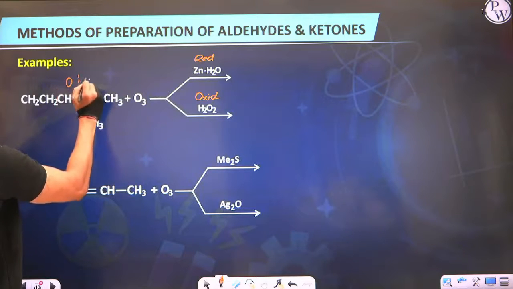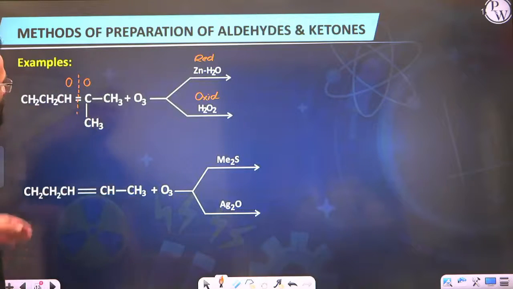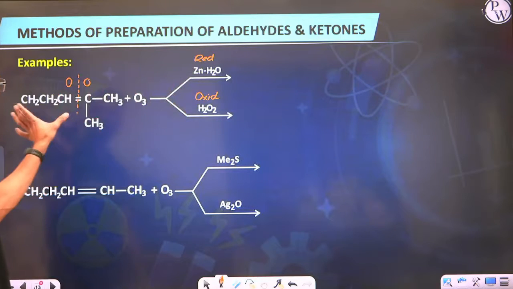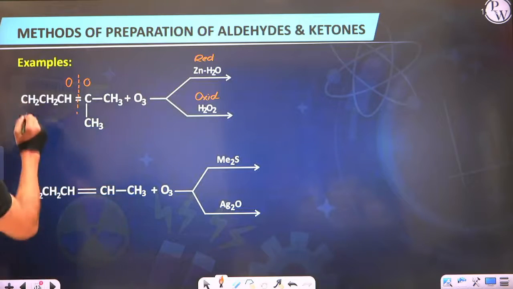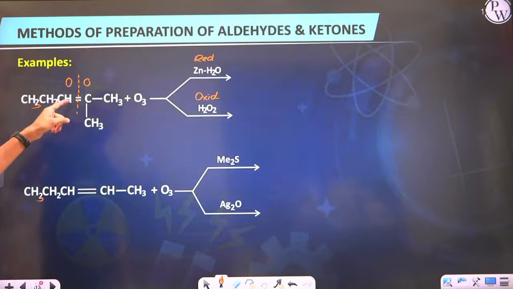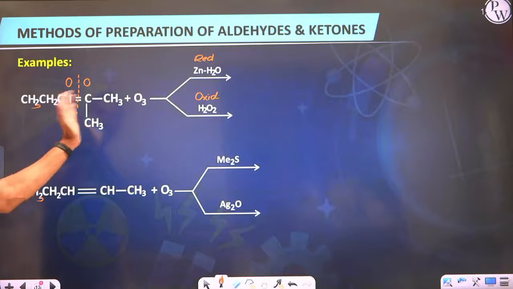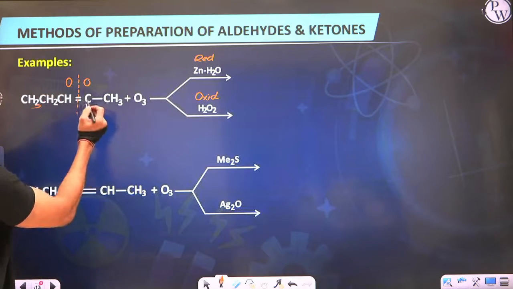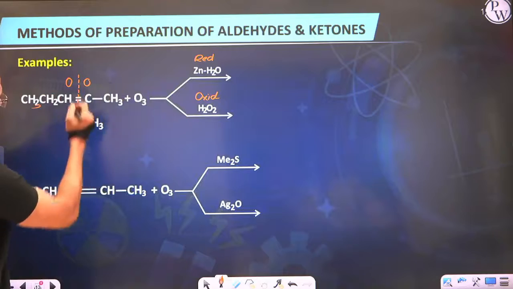Add oxygens on either side. As long as it is reductive, aldehyde will remain aldehyde. So CH3, this should be CH3. This should also be CH3. So CH3, CH2, CH double bond O, propionaldehyde. And right hand side is CH3, C double bond O, CH3, meaning acetone.